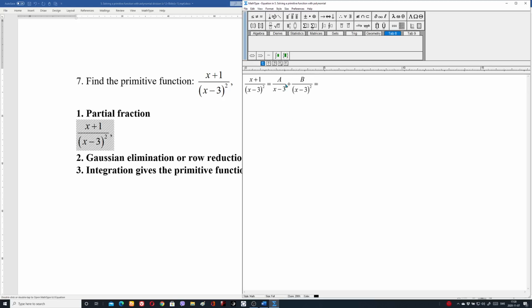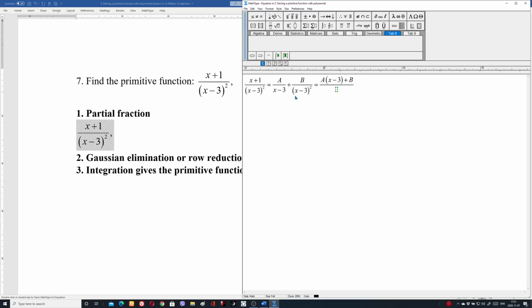Okay, so now this denominator here should go up here, and this denominator here should go up in the numerator. And we receive a multiplied by x minus 3, that will be x minus 3 plus just b.